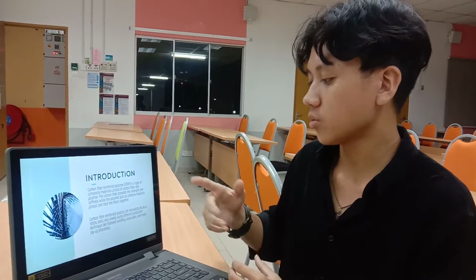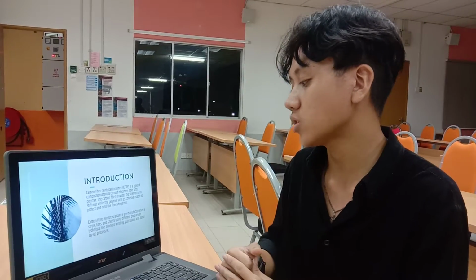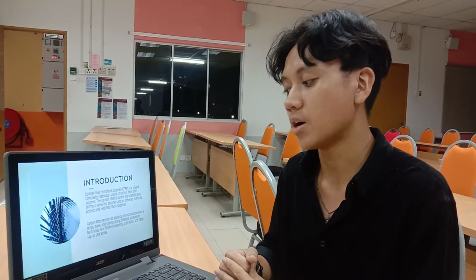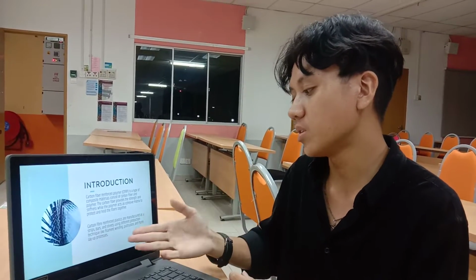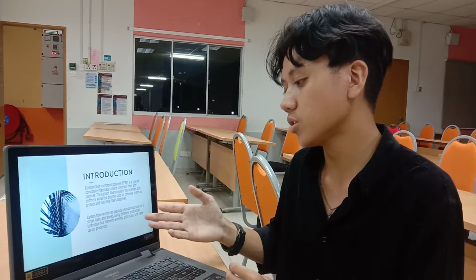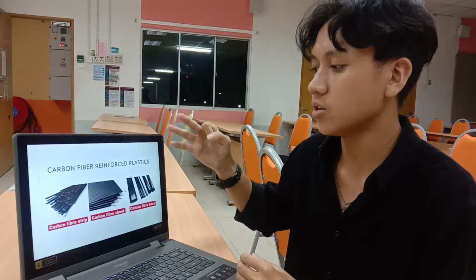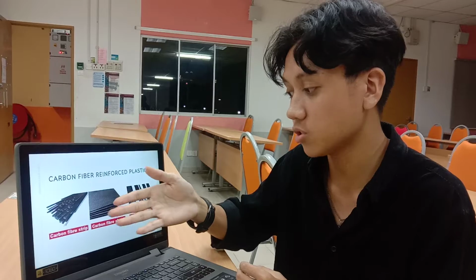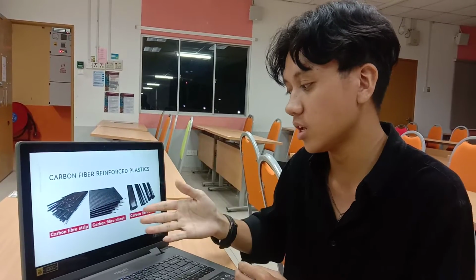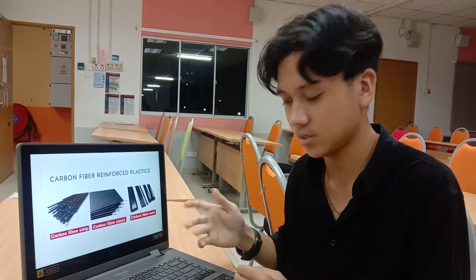Carbon fiber reinforced plastics are manufactured as strips, bars and sheets using different production techniques like filament winding, pultrusion and layup processes. These three are the most common types of carbon fiber processes. They produce in the shape of strips, sheets, and bars.